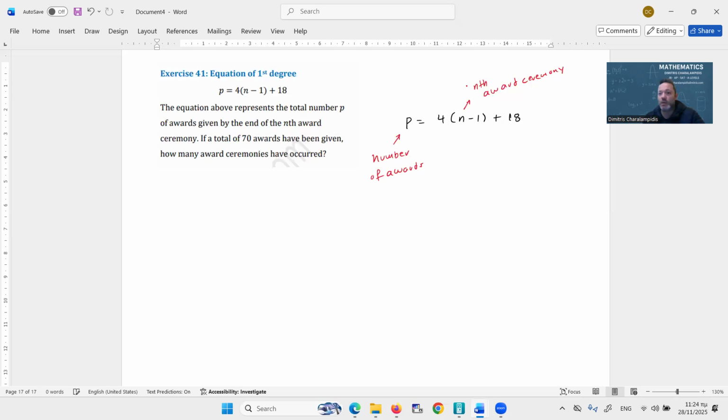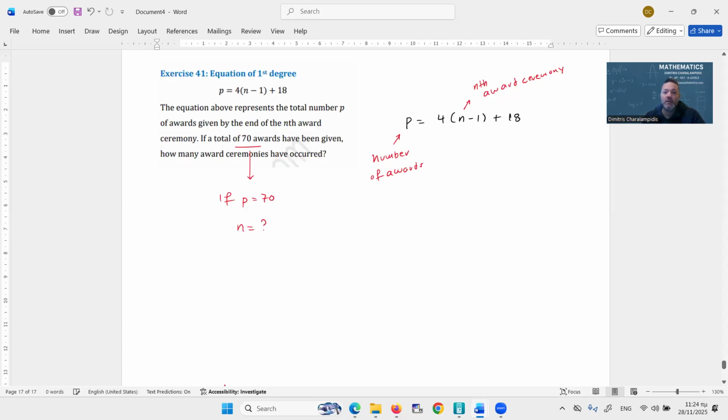So someone gives the number of the award ceremony, and with that we can calculate the number of awards. Let's see. If a total of 70 awards have been given, so if P is 70, how many award ceremonies have occurred? So what is the order?